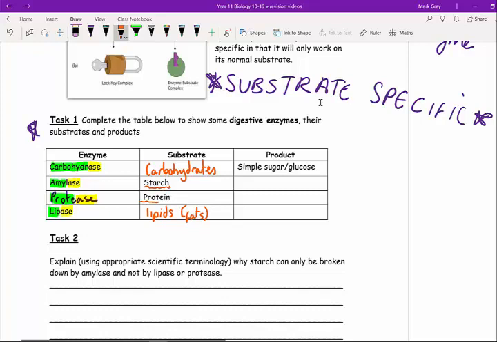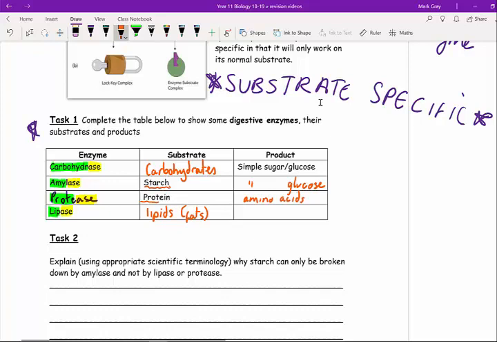So what are these products that they make? Carbohydrase breaks carbohydrates up into simple sugars or glucose. Amylase breaks down starch, again into simple sugars or glucose. Protease breaks up protein into amino acids.